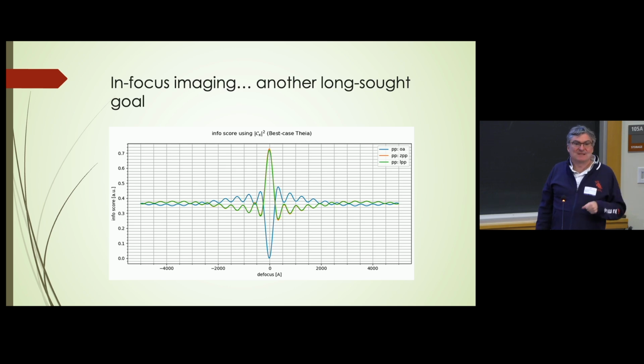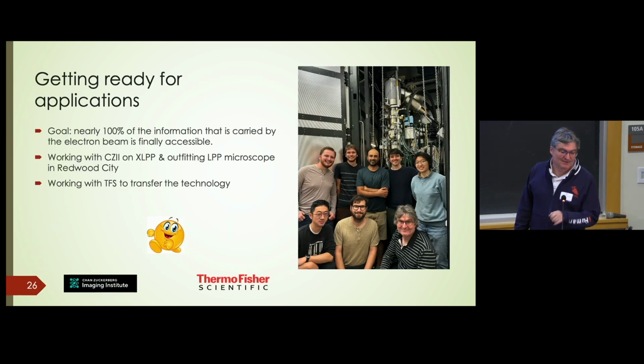So that's maybe a long-term goal for us, and initially, we'll just do the low-hanging fruit, but that's what we want to do in the long run. If that happens, then nearly 100% of the information that is in the electron beam gets delivered to the camera, and then with a very good camera, you can get it onto your hard drive.